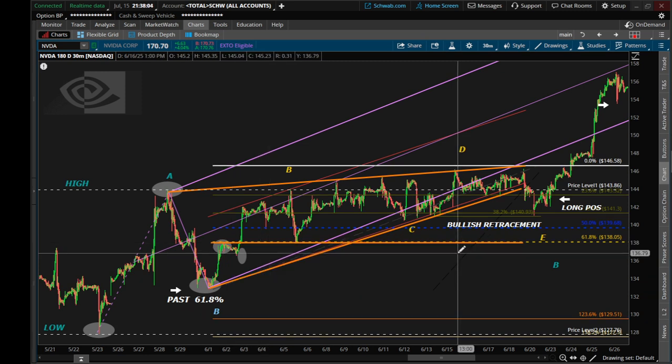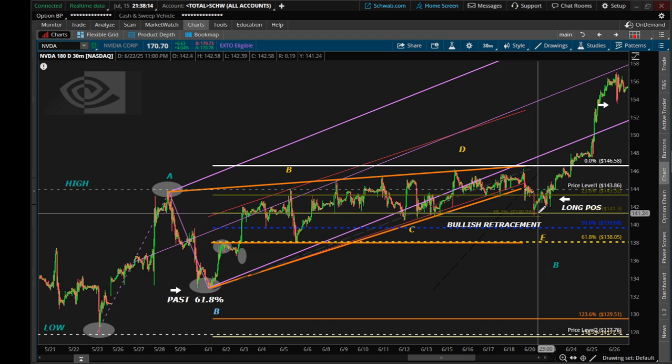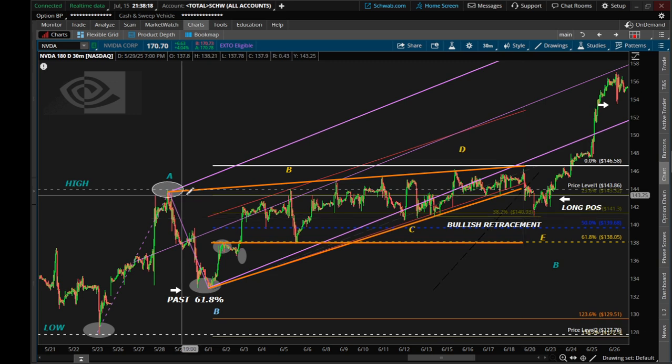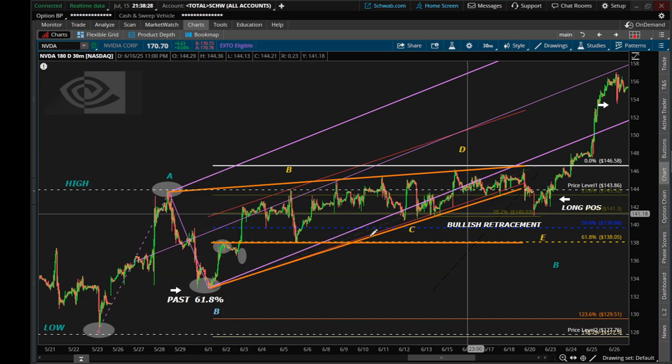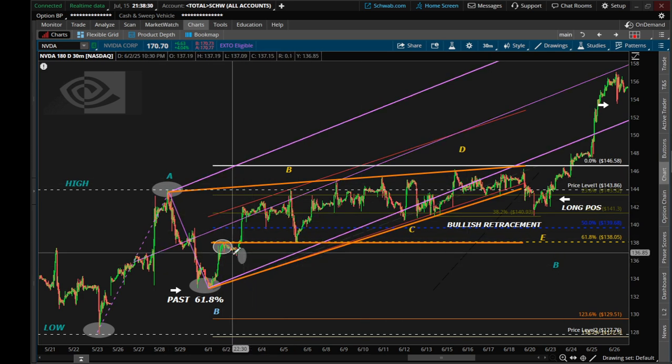Okay, so in my new wave theory count, anything below 61.8 also indicates a trend change too. Okay, so that's why this still is a long position, even though we're below this A here. So I know somebody probably, if they were really paying attention, would have said, why would you take a long position if we're still below that A? Okay, because it's based off this smaller degree.